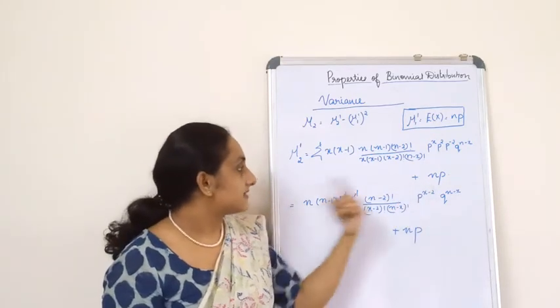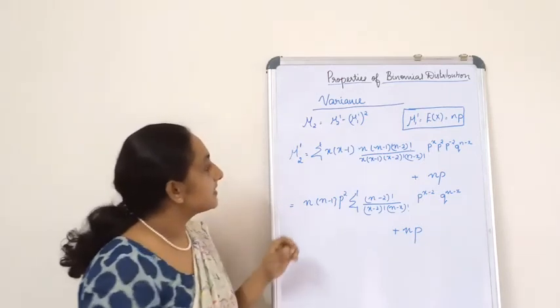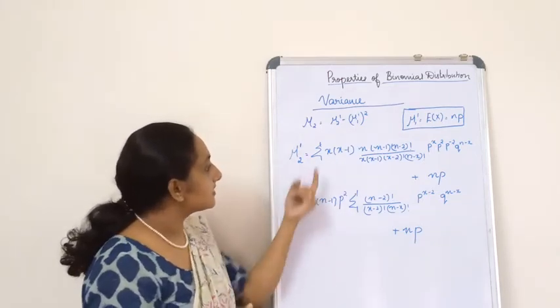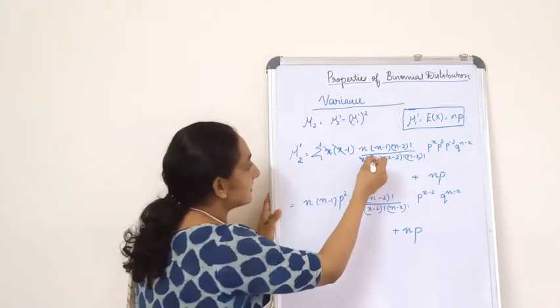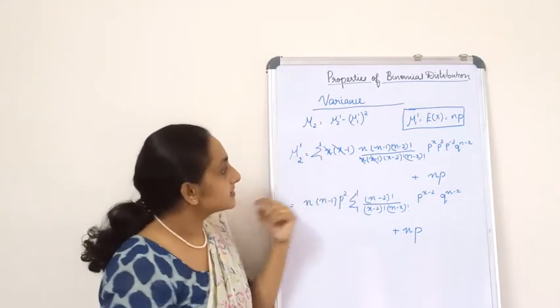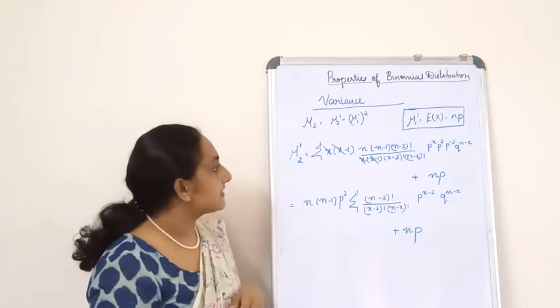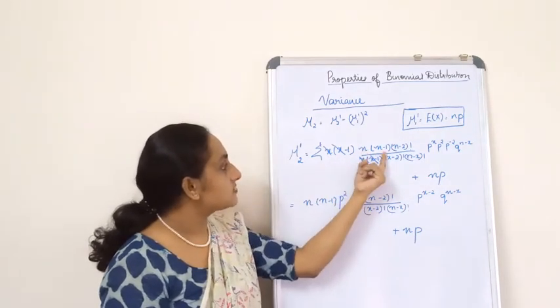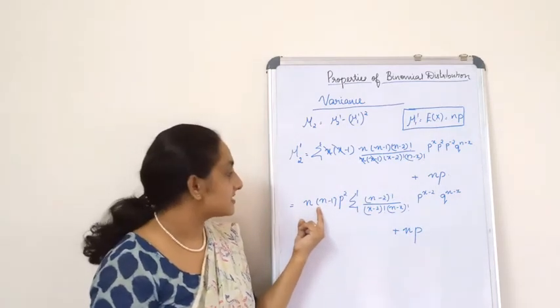Okay, so that is there, and then this is equal to, now what we have to do is some of the terms get cancelled over here, that is x and x minus 1. Then what I'm going to do in the next step is take out n into n minus 1, because it is a constant.